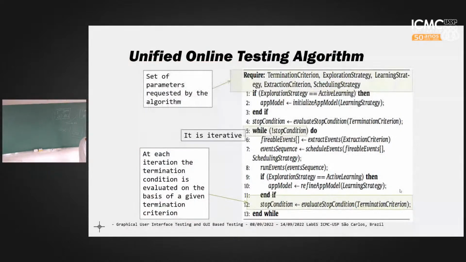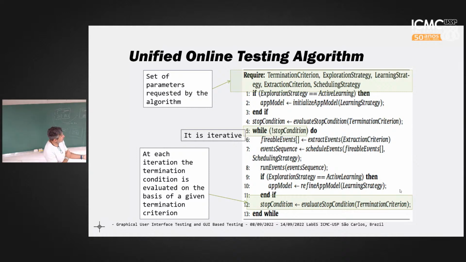These are the parameters that the testers usually have to set, and that we inferred from the literature. The termination criterion is the criterion chosen by the tester to decide when to stop the execution of the exploration.